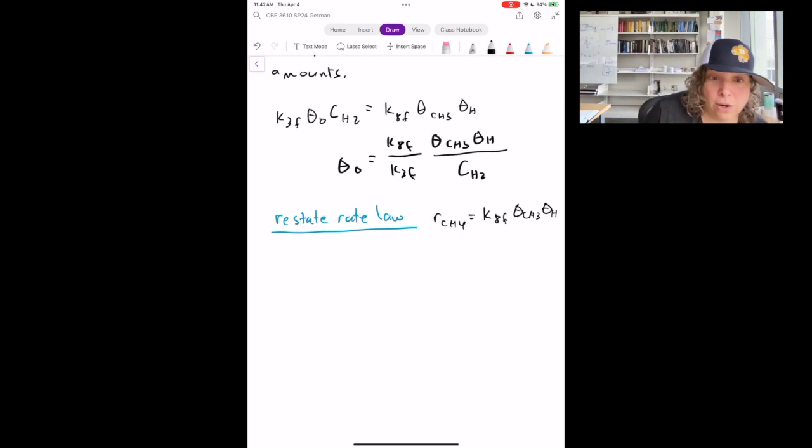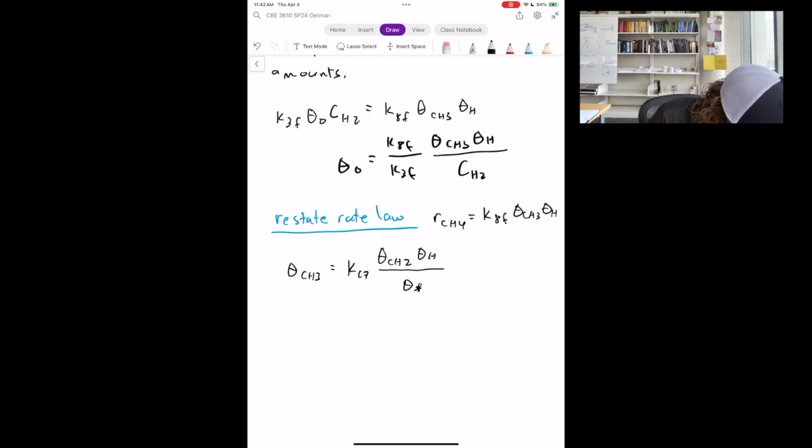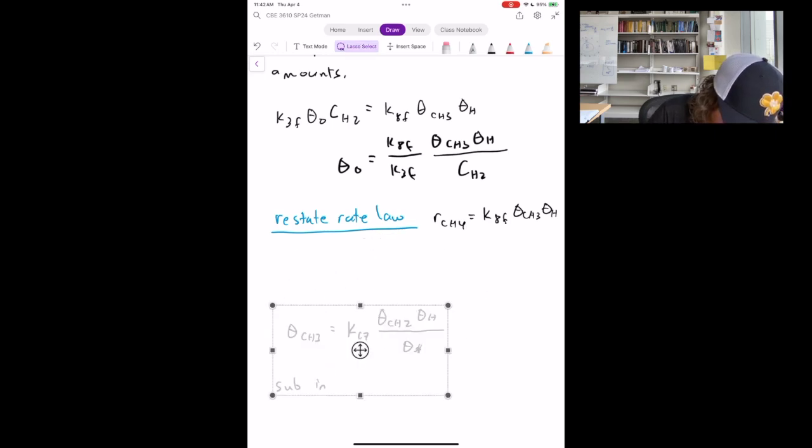So I know that theta CH3 is going to be equal to KC7 theta CH2 theta H over theta star. So I'm going to now sub in. As I'm trying to make my solution organized, let's restate the rate law.